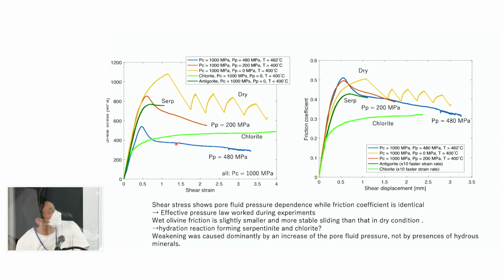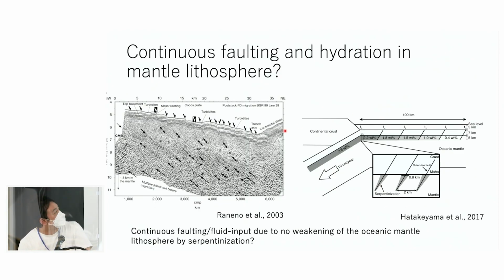This is also a preliminary result, but let's take a look at the right figure. The vertical axis is the friction coefficient, and the horizontal axis is the shear displacement. Even if you make serpentine from olivine, the friction coefficient doesn't change so much. This means that if you make many faults around the outer rise region, the strength of the plate doesn't change so much.